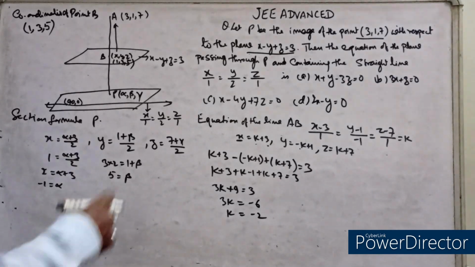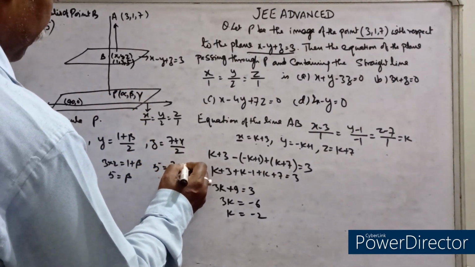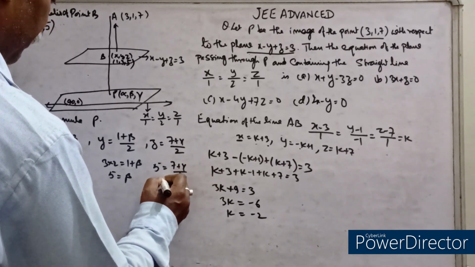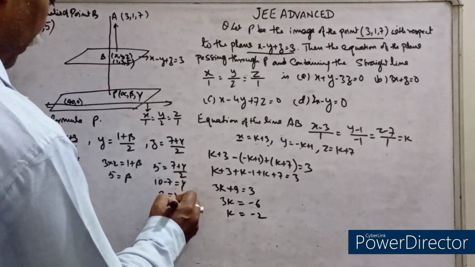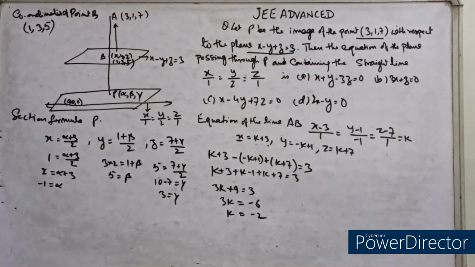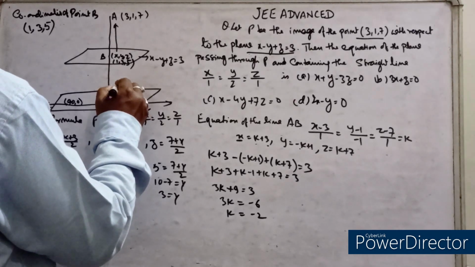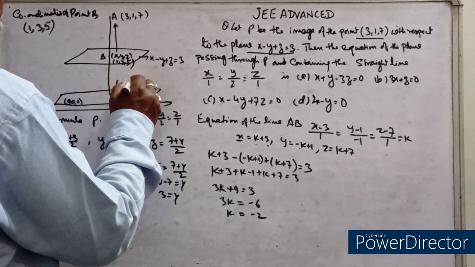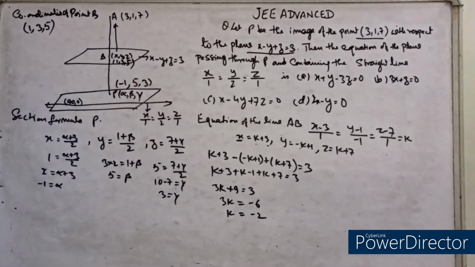And z is 5, that is (7 plus gamma) by 2, so 10 minus 7 is 3, equal to gamma. So the coordinates of P will be (minus 1, 5, 3).